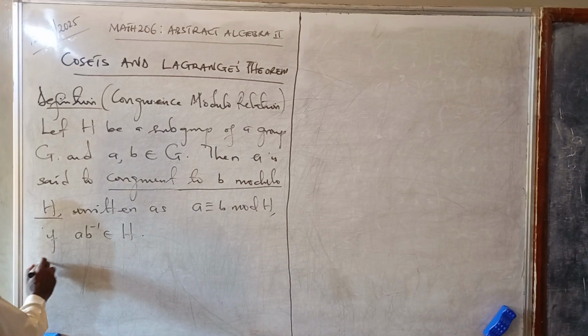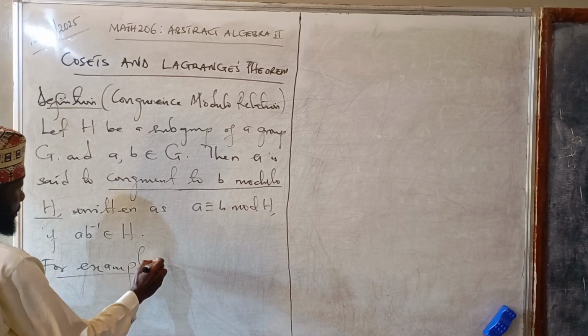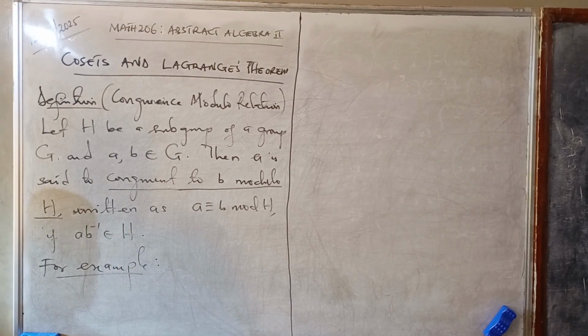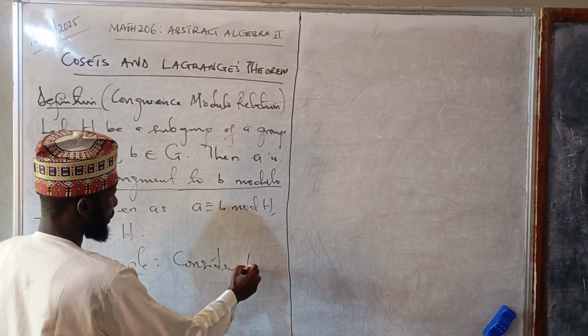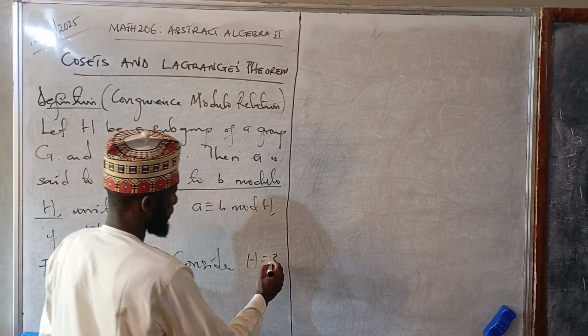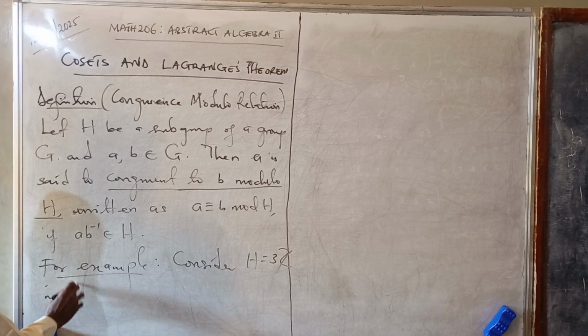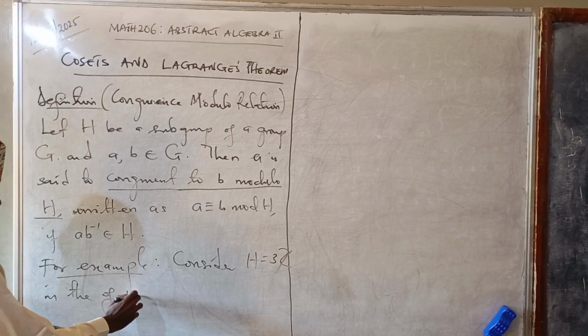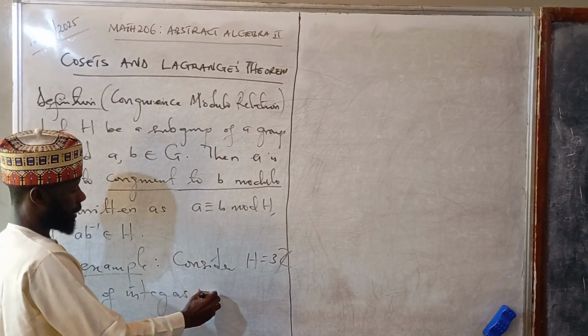For example, let me give you an example here. If you consider the subgroup H, say 3Z, that is the subgroup of all multiples of 3 in the group of integers under addition.